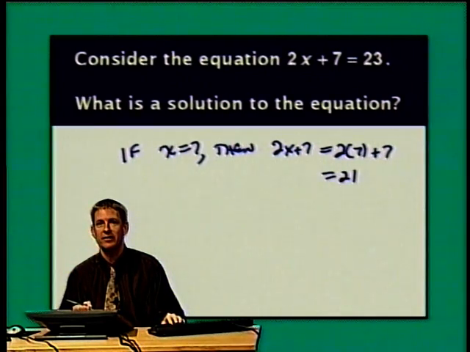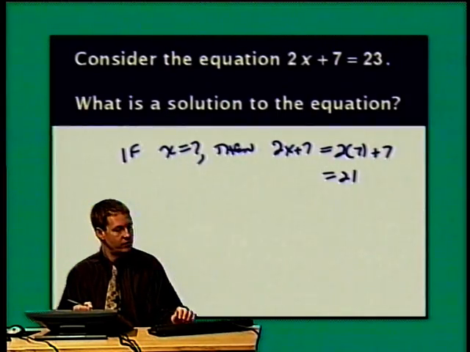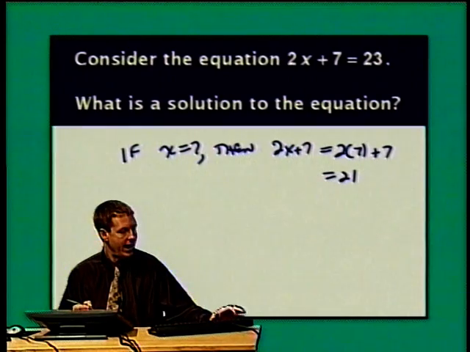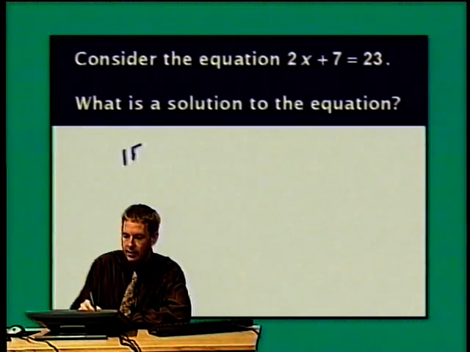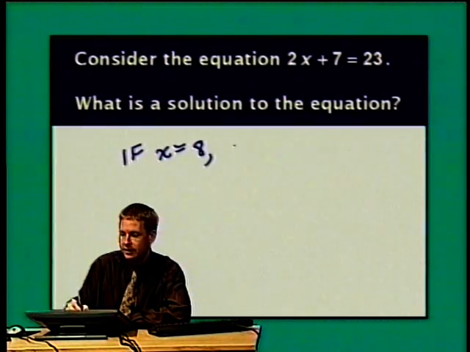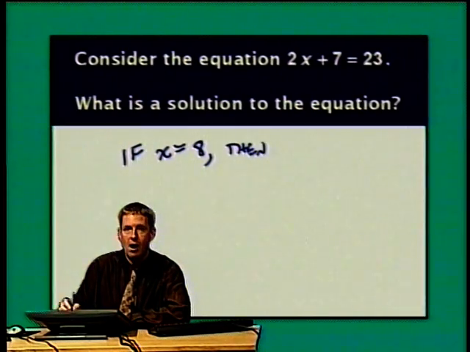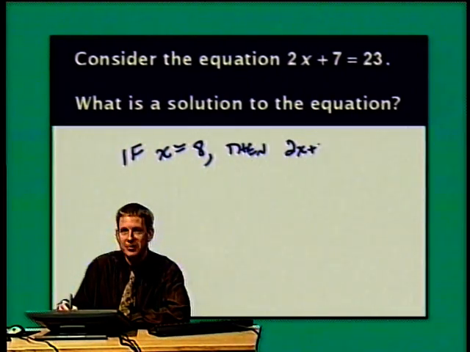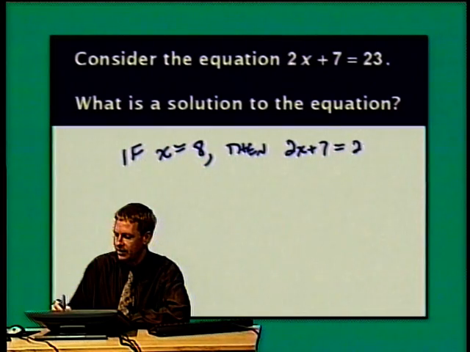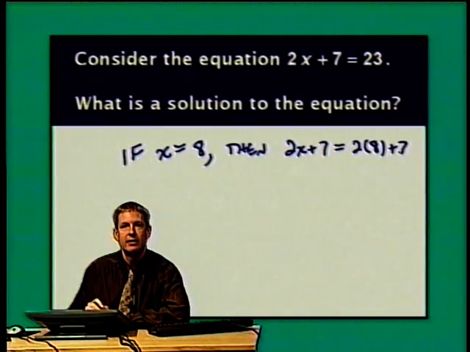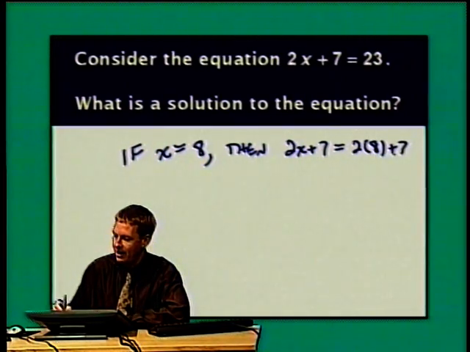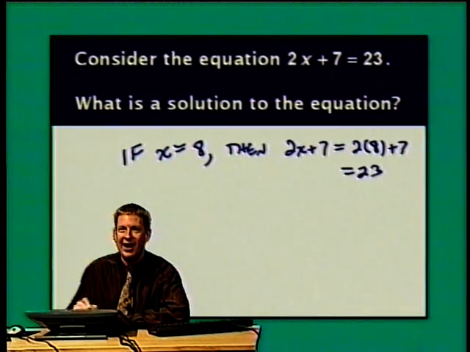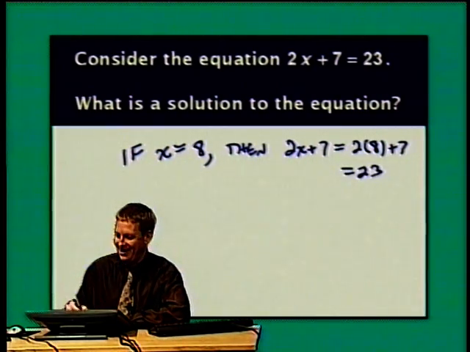So let's try another number. 7 was too small. Let's try 8. So if x equals 8, then our variable expression, 2 times x plus 7, is 2 times 8 plus 7. 2 times 8 is 16. Add 7 to that, and voila, we get 23.